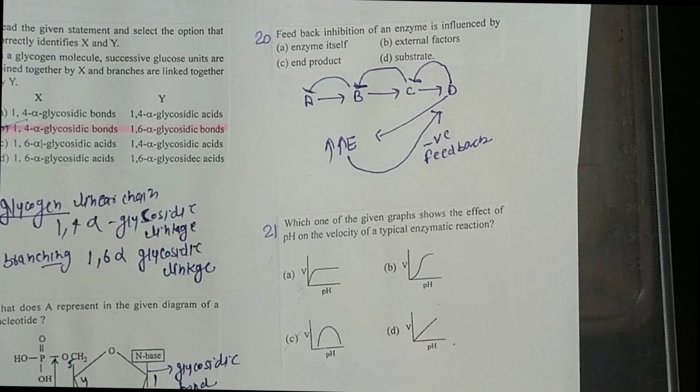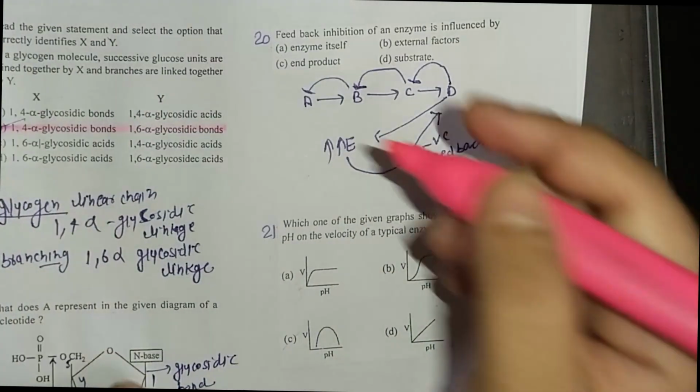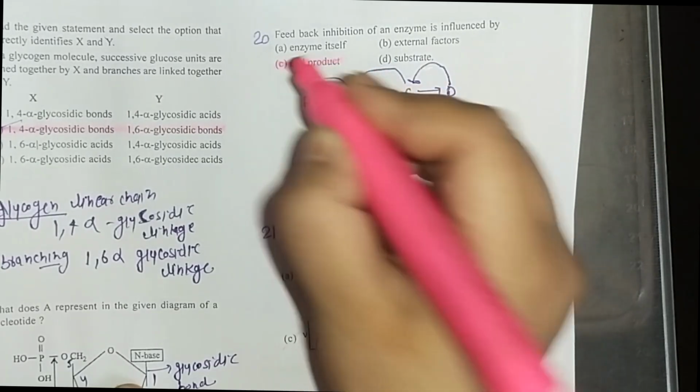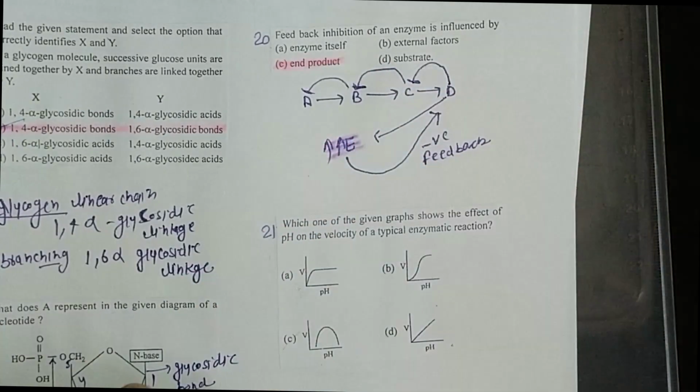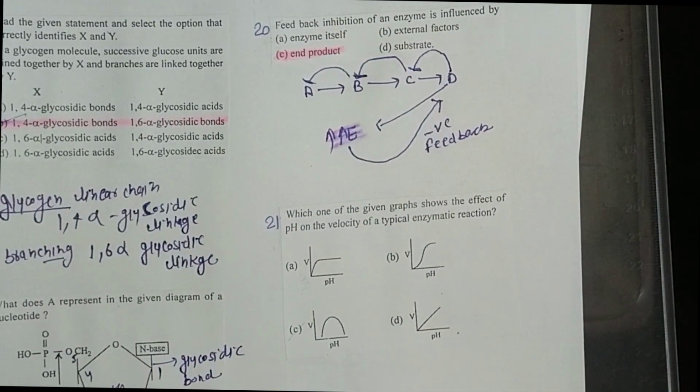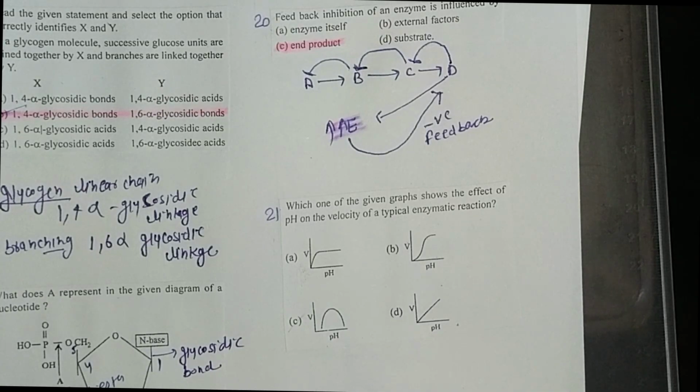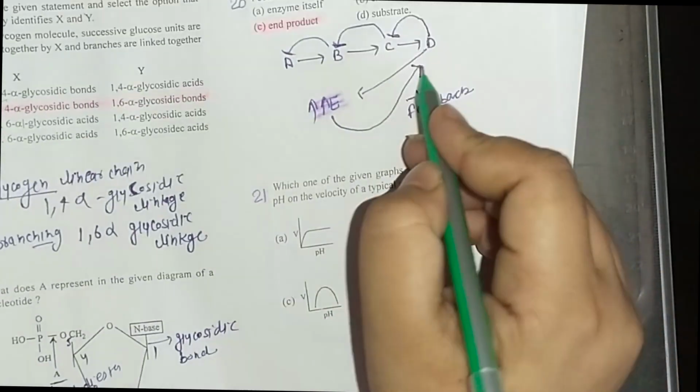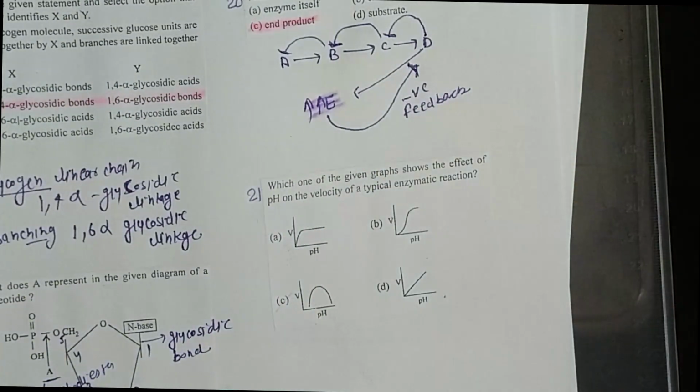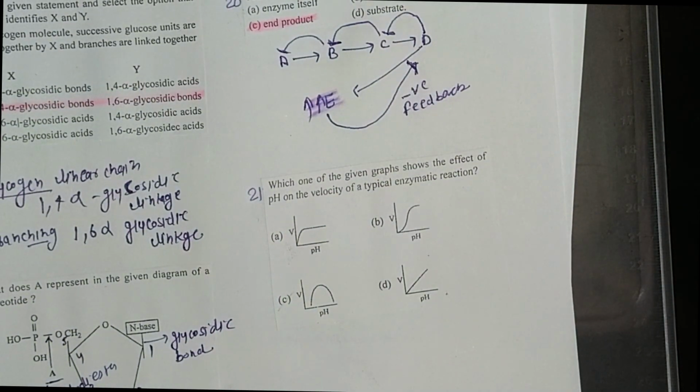Feedback inhibition of the enzyme is influenced by the end product, because E is the end product. The concentration of E is describing that the reaction has to be stopped. So at this time E is giving the negative feedback.